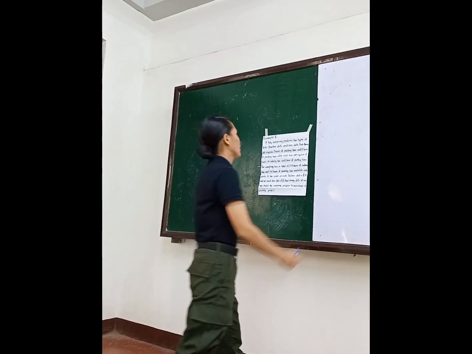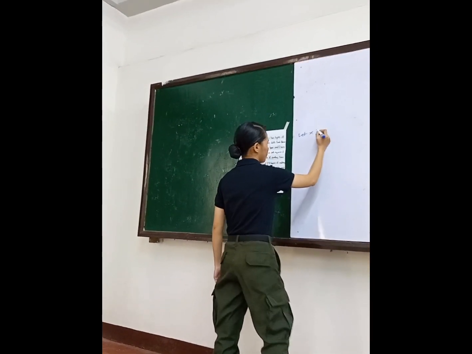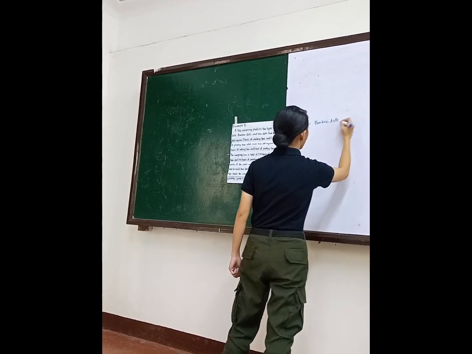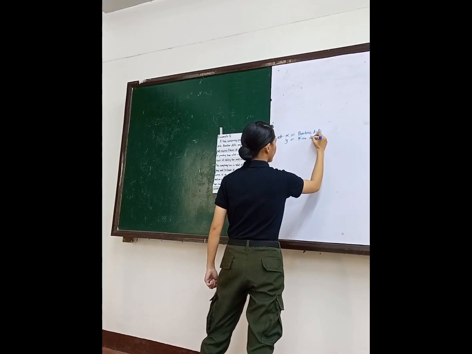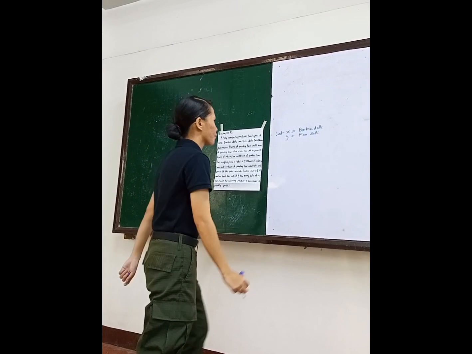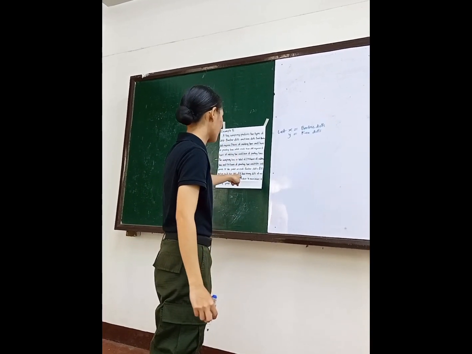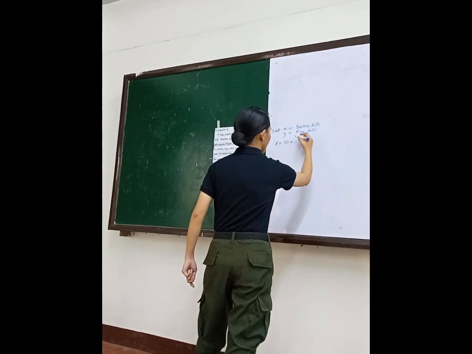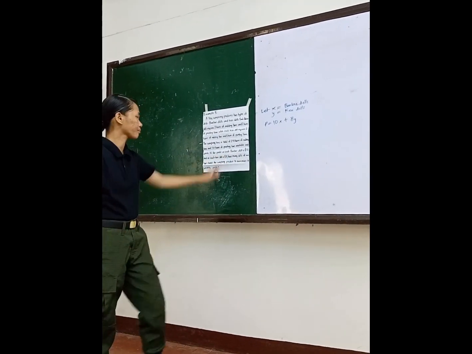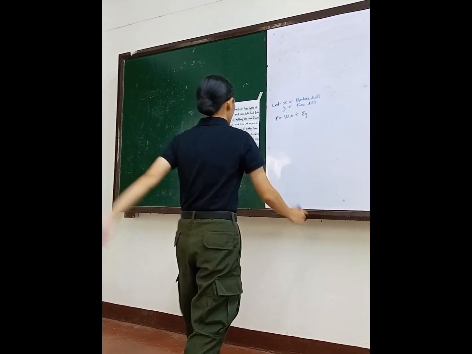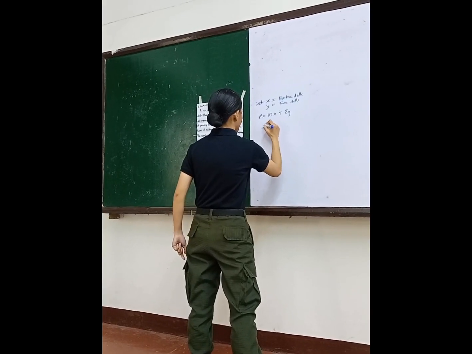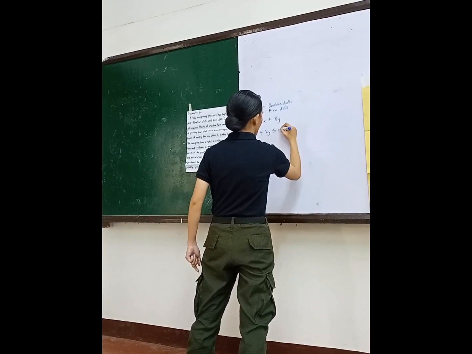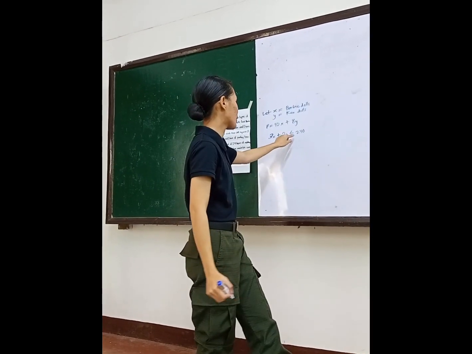So the solution is, first, let x equal Barbie dolls, and y is Ken dolls. And then the objective function to maximize profit is P equals 10x plus 8y. In the next, we illustrate 3x plus 2y less than or equal to 240, which is our molding time.